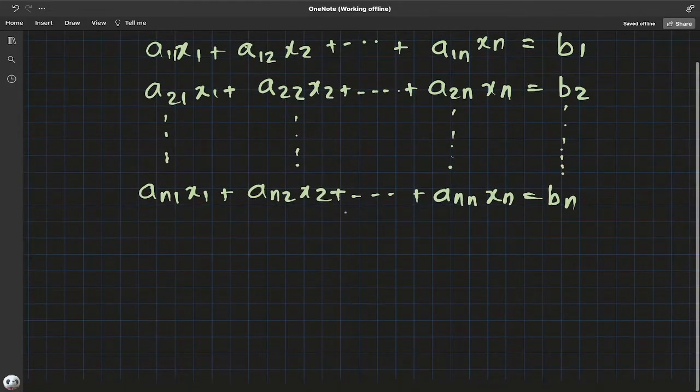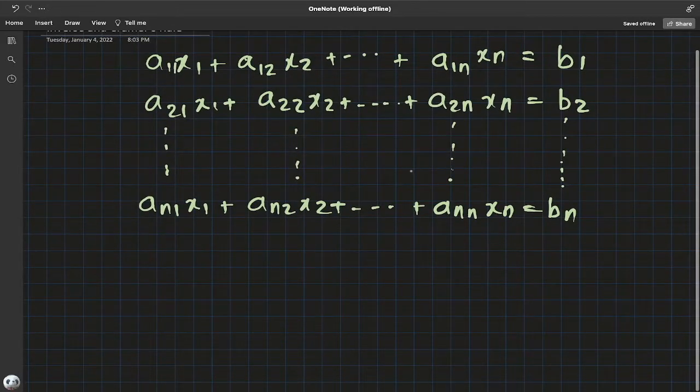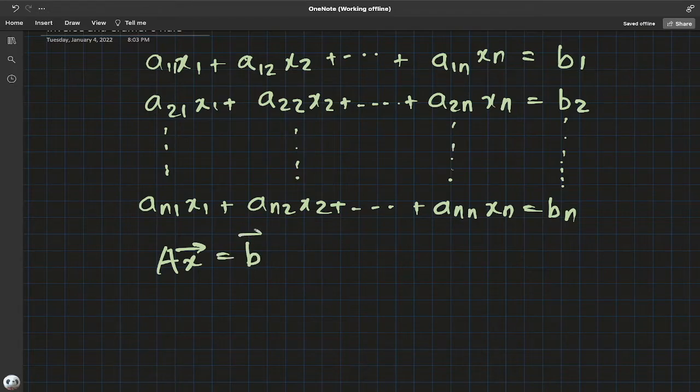The best thing about linear algebra is you can represent all of this junk with something like this: A acting on x equals b.